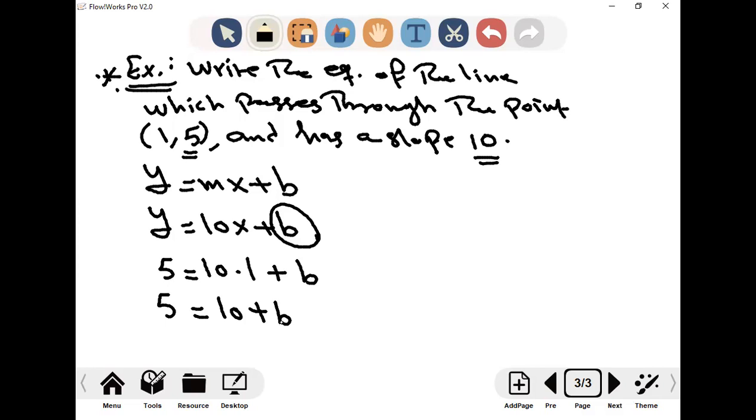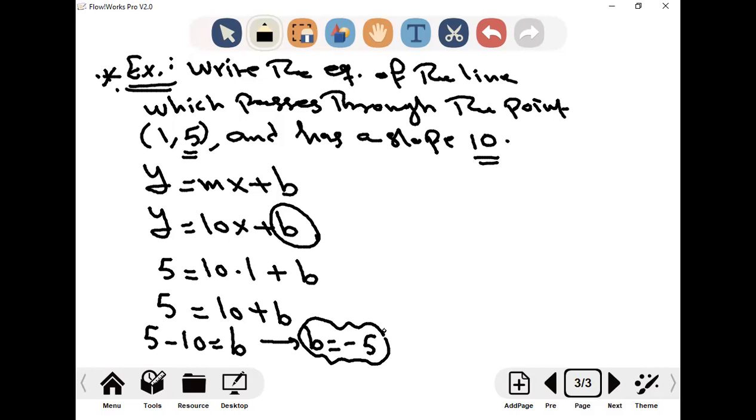Shift the 10: 5 minus 10 equals b. Check. So b equals negative 5. The question is not about finding the value of b, so you are not finished. The question wants the equation.